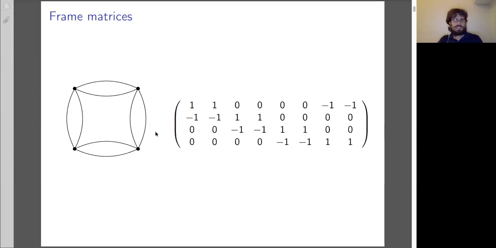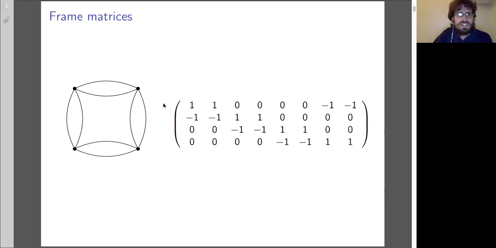Hopefully something you all know that we can take as a starting point is that if you have a graphic matroid, then you can represent that with a matrix where the rows of the matrix correspond to the vertices of your graph. And you have one column for each edge, and in that column, you put a 1 at one of the end vertices of that edge, a -1 at the other end vertex, and zeros everywhere else.